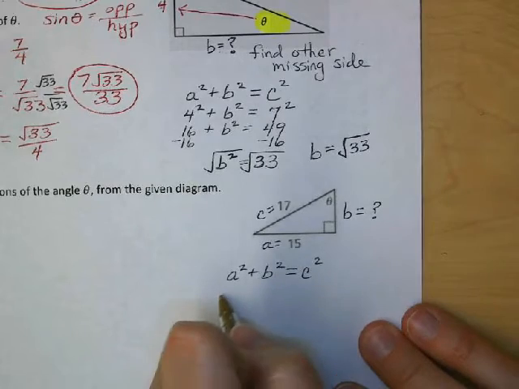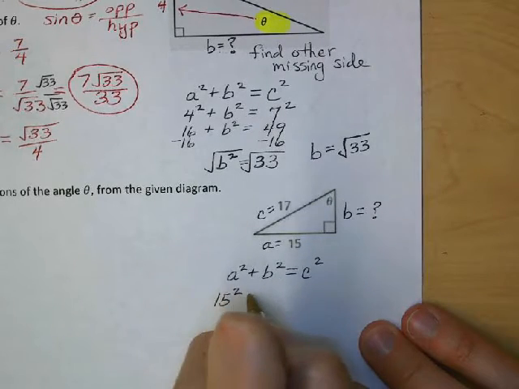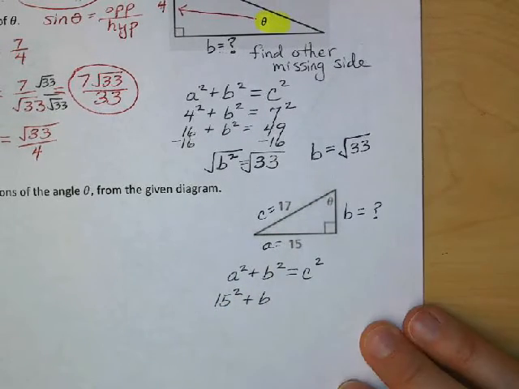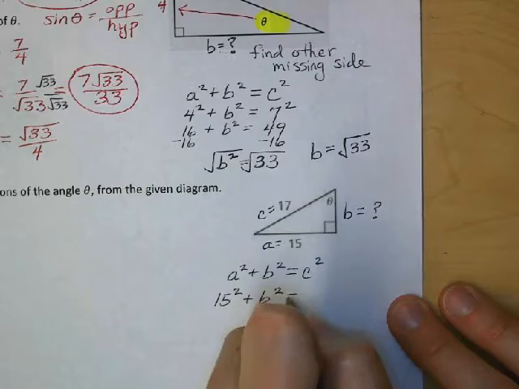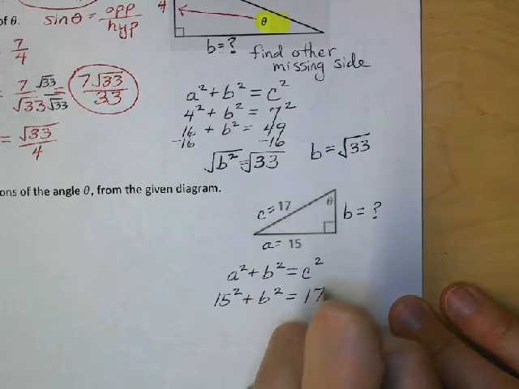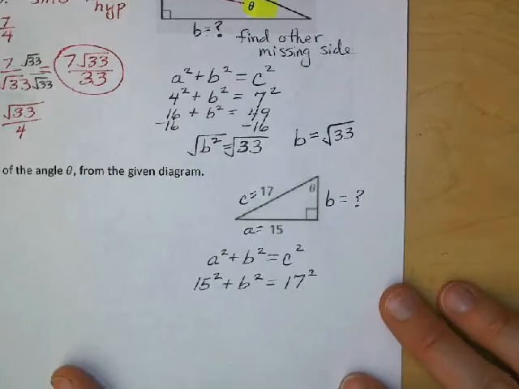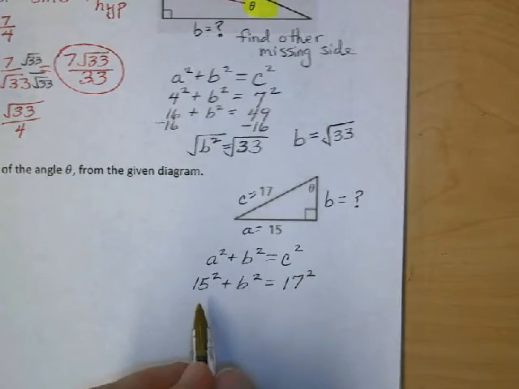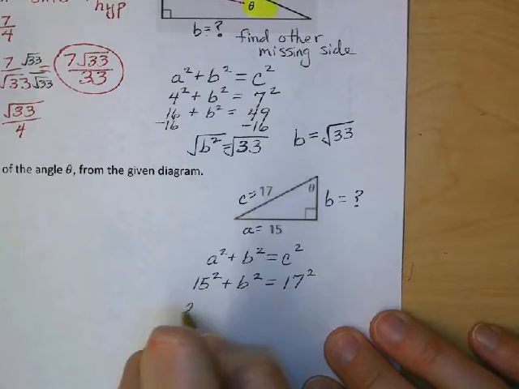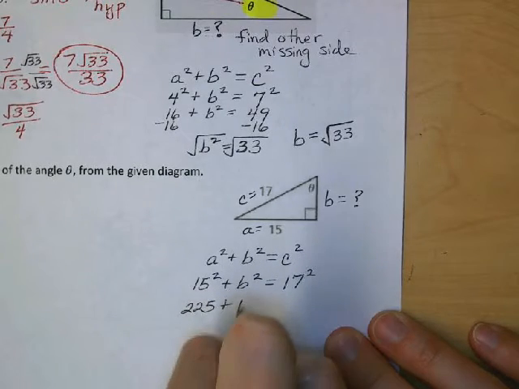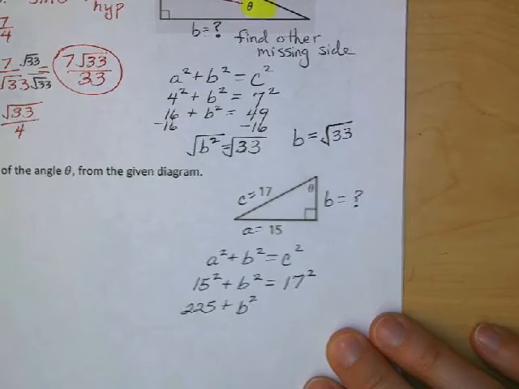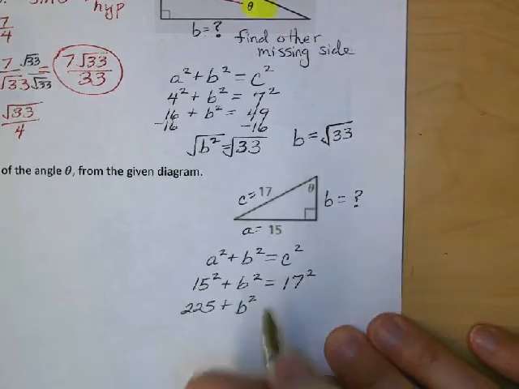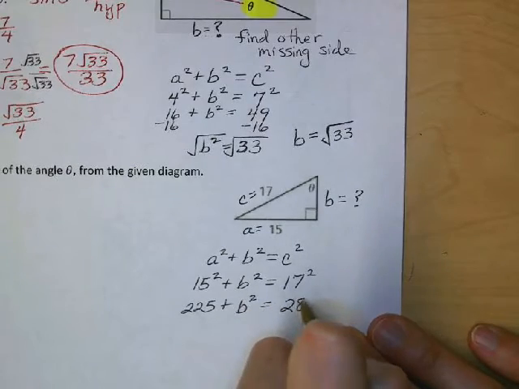So A is 15. The other leg, we don't know. C is 17. So you got to do your Pythagorean theorem. 15 squared is, big number, 225. 17 squared is 289.